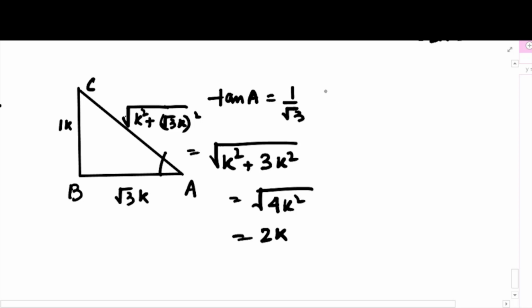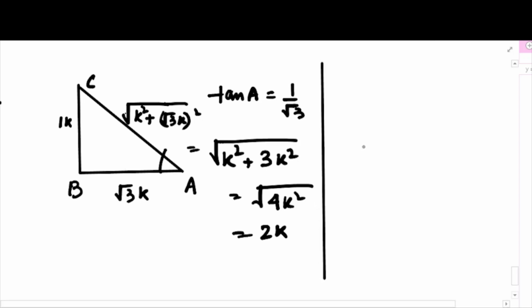Now what is the value of sin A then? Sin A equals perpendicular by hypotenuse, 1k by 2k, that means 1 by 2. What is the value of cos A?